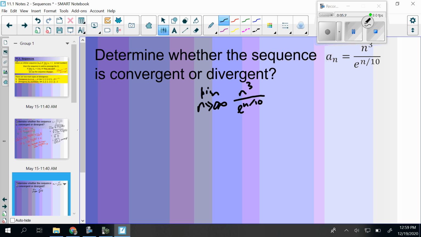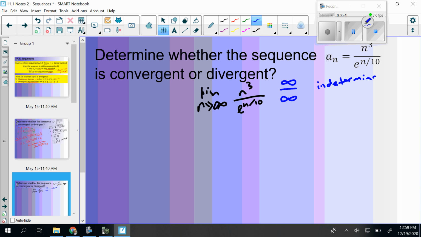All right, so if we were to put infinity in there, infinity cubed is definitely infinity. E to the infinity over 10, well, that's e to a big number. When I get an e to a power that's very large, that's also going to be infinity.